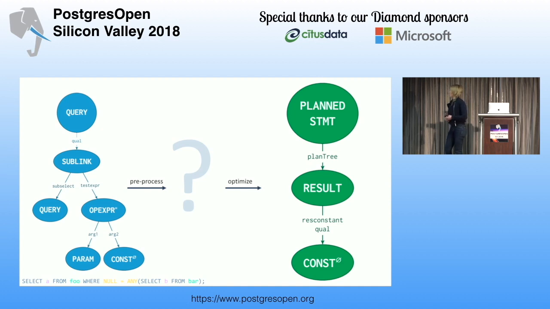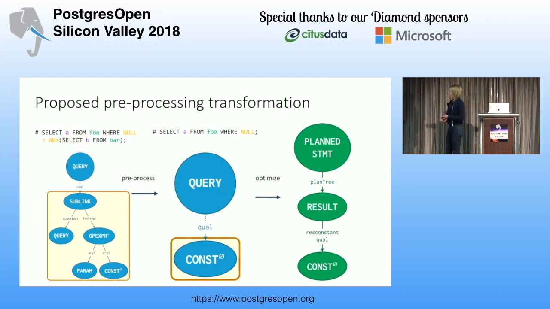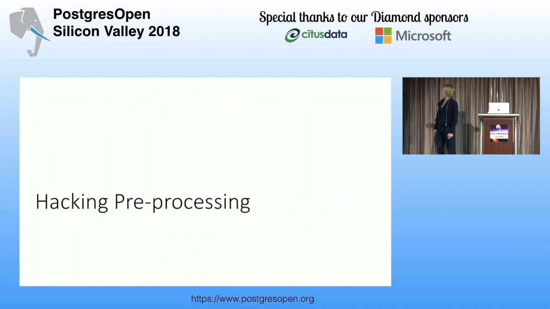The other thing I do is look at the optimizations that are already being applied. We are doing constant folding, but we just aren't getting rid of the sublink. So this is what I thought the query tree should look like. The qual should just have a constant null, and then we wouldn't produce results. That would end up giving us a plan, I thought, with a result node on top of a constant null.